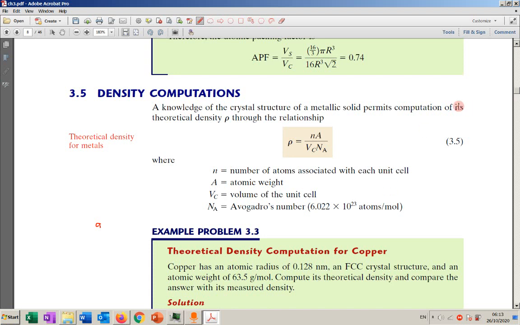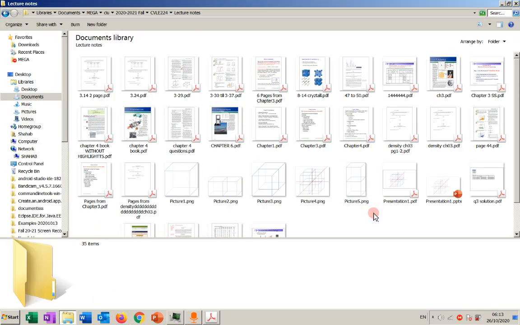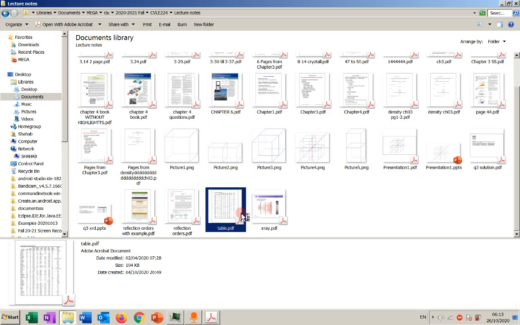By the way, let me show you, if I can have this table. I'll share that. Okay, there's a table here.